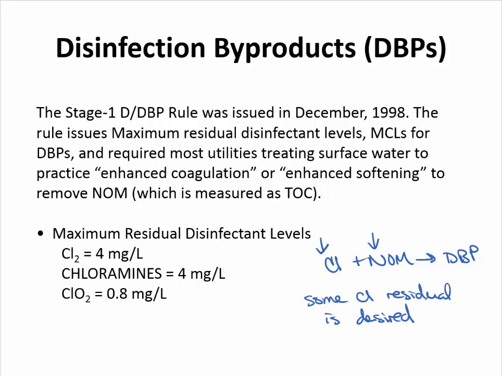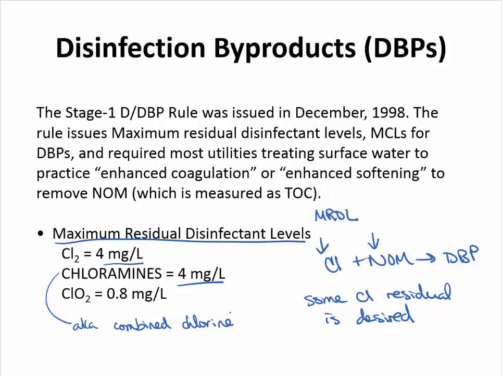So in order to combat the formation of disinfection byproducts, the EPA promulgated a maximum residual disinfectant level, MRDLs. A utility cannot put out more than 4 milligrams per liter of free chlorine or 4 milligrams per liter of chloramines, which is also called combined chlorine.